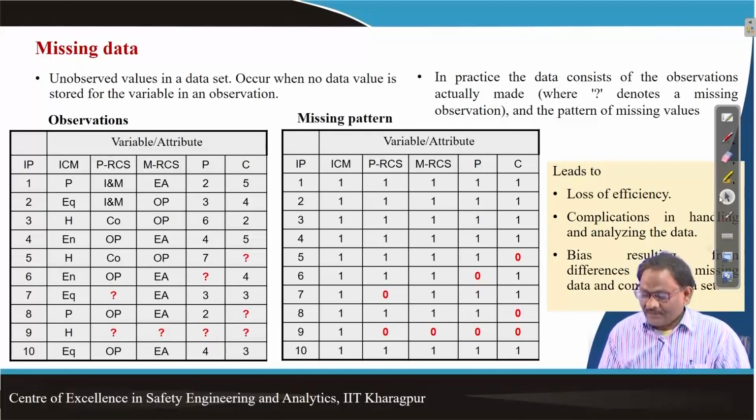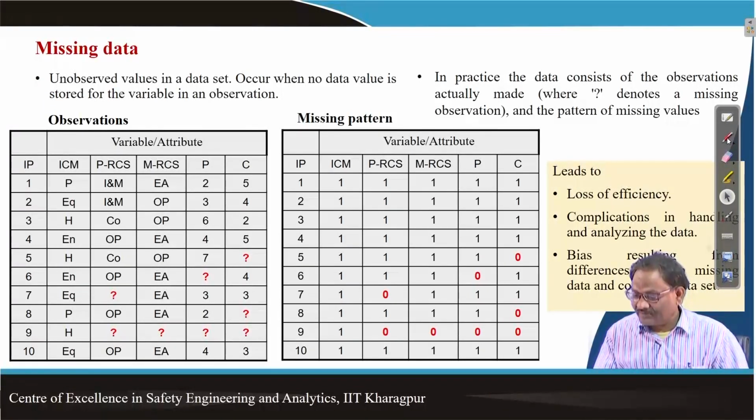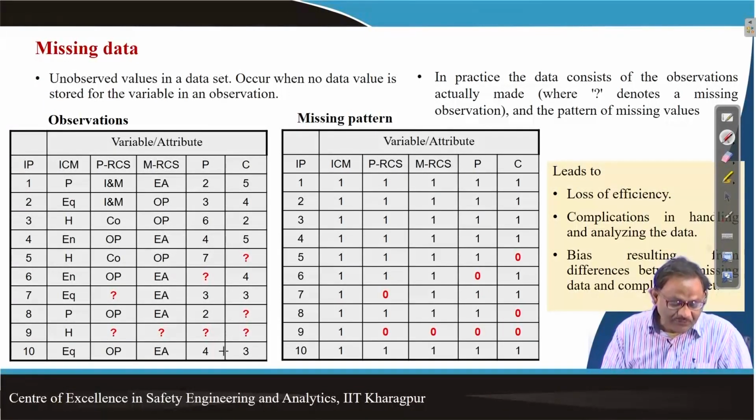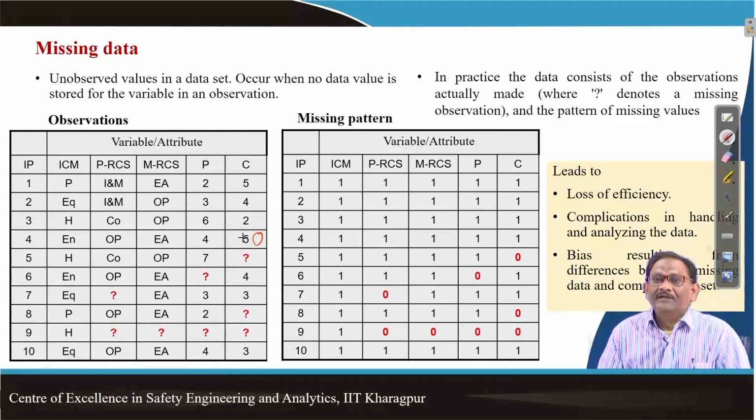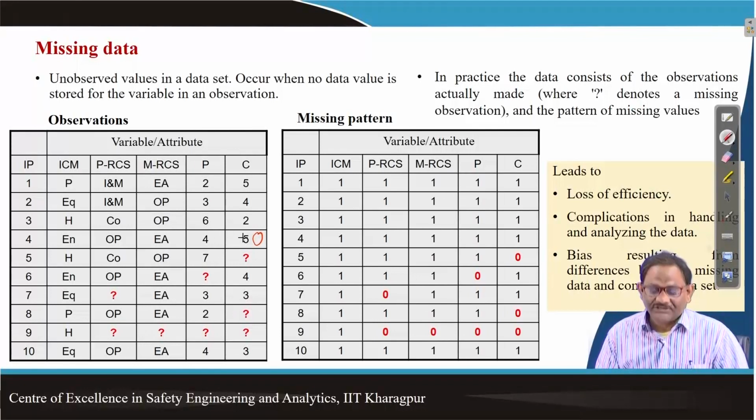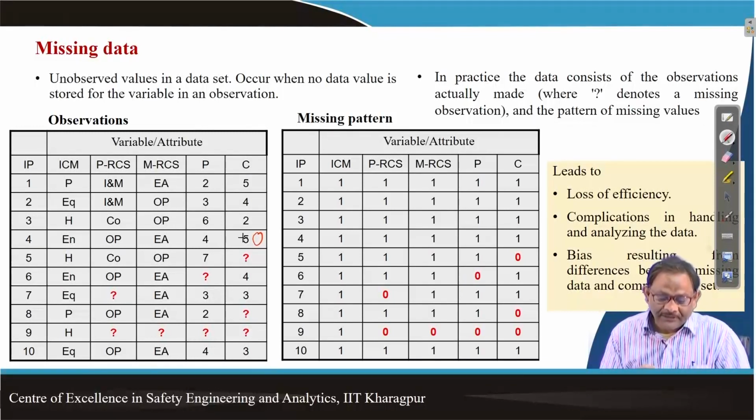So we have to understand this. Apart from this, suppose a 0 value is appearing. This 0 value is not missing data, this is the real observed value. We should not get confused that 0 is missing data.